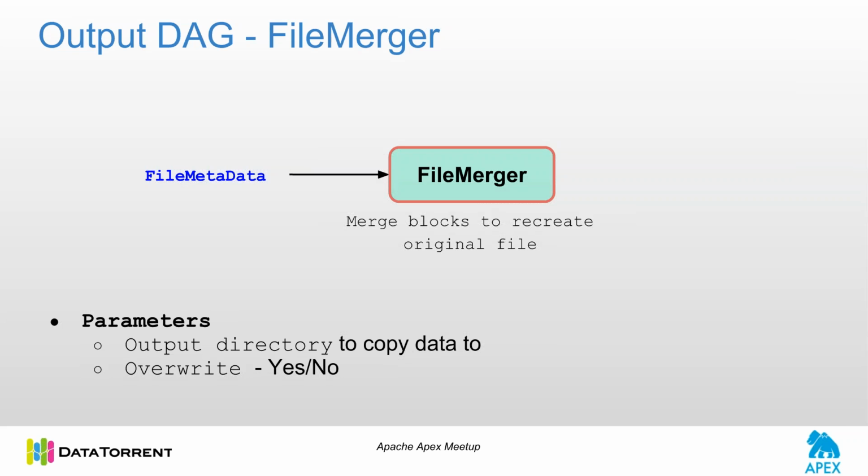For a generic purpose, it will be reading these blocks in sequence and appending them at the output side. The parameters are the output directory where you would like to create the file, and whether you would like to overwrite any existing file.